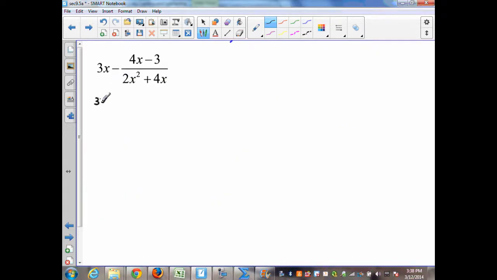So I bring down my 3x, which I can write over 1 because I know it is over the denominator of 1, minus (4x minus 3) over, when I factor here, I get 2x. When I factor out, that leaves me with x plus 2. My common denominator is going to be 2x times (x plus 2).